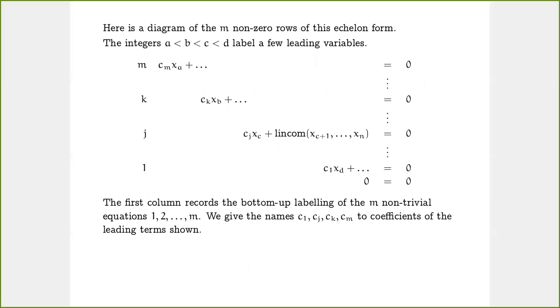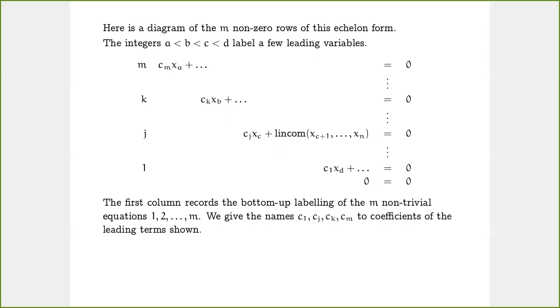So we have to have the integers, the variable labels A, B, C, D in increasing sequence. A has to be less than B, B has to be less than C, and C has to be less than D. And that's a consequence of echelon form. Now on the first row, we have the leading term, xA, and its coefficient is cM.